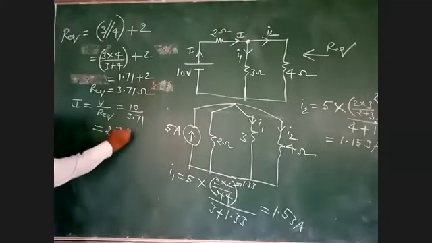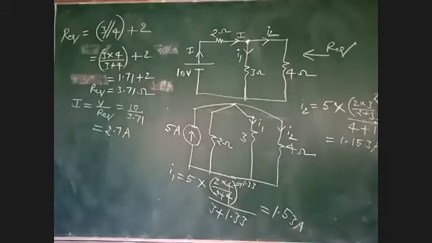Let us take 2.7 ampere. 2.69 means, let us round it up to approximately 2.7 ampere.